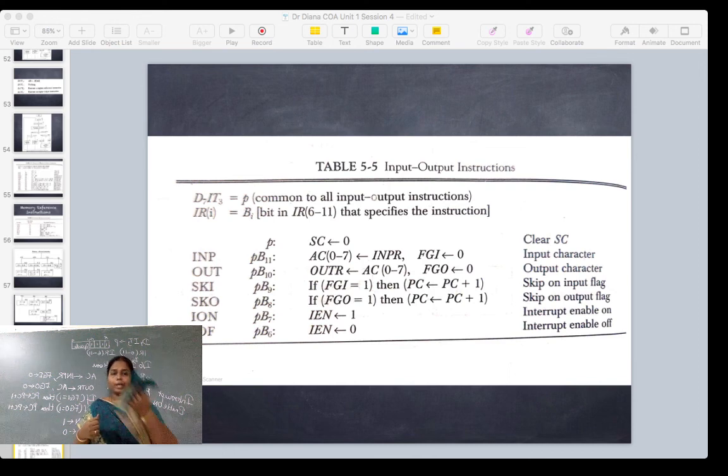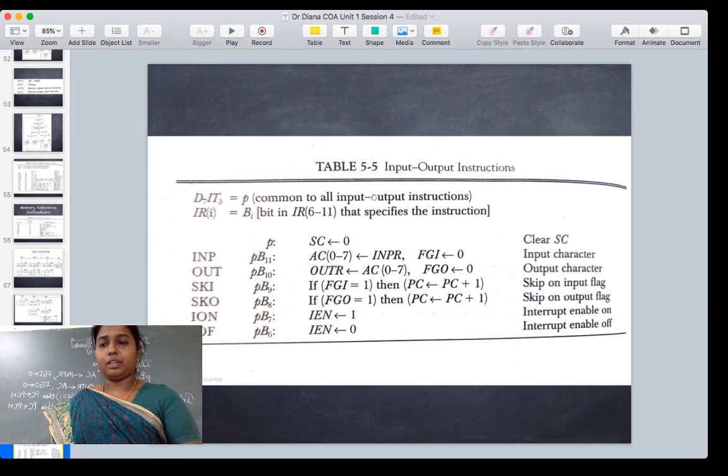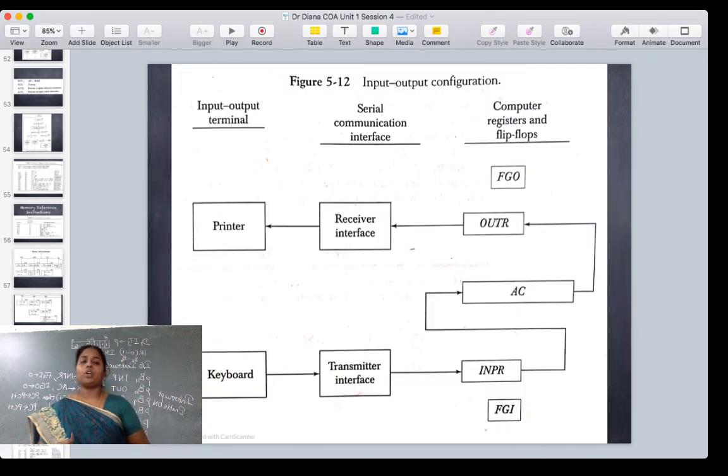The reason why an interrupt flag is required is that, imagine the computer that we saw here. This is how an IO device tries to communicate. And when the IO device is trying to communicate, the CPU looks into the FGI flag and FGO flag before every instruction execution.